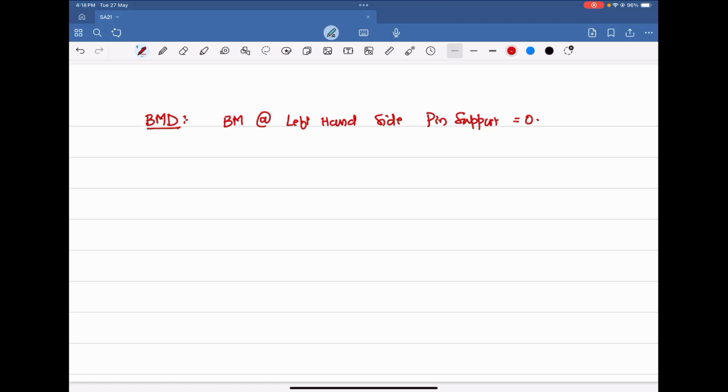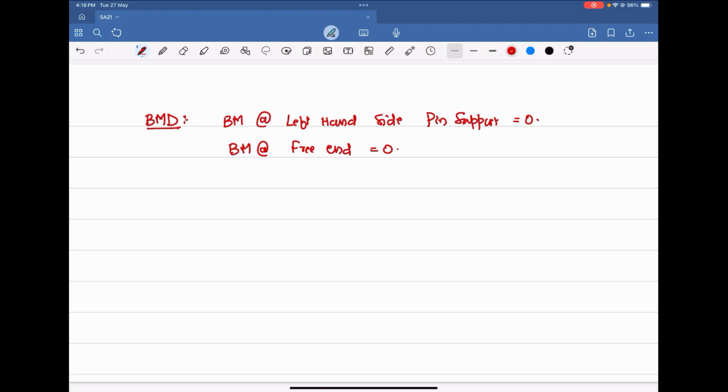And second thing, bending moment at free end is equal to 0. These are the two things we have to understand.